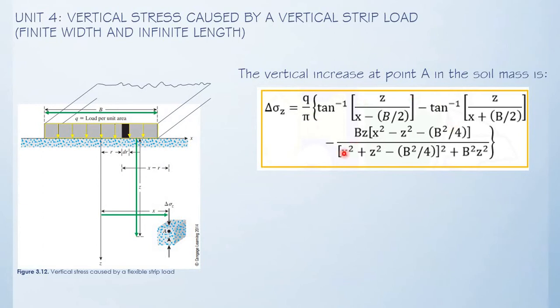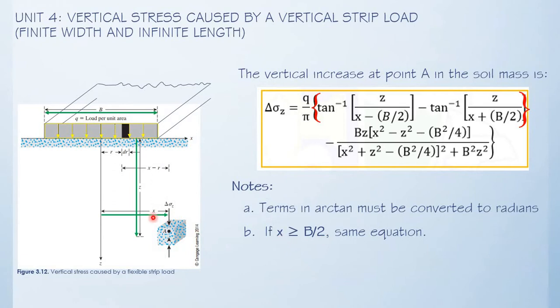Before we go further, there are a few reminders that we have to keep in mind in solving problems concerning the vertical strip load. From the equation, the terms in arctangent must be converted to radians. So this term and this term must be converted to radians. Next, if the horizontal distance x is greater than or equal to B over 2, or half of the width, we will be using the same equation.